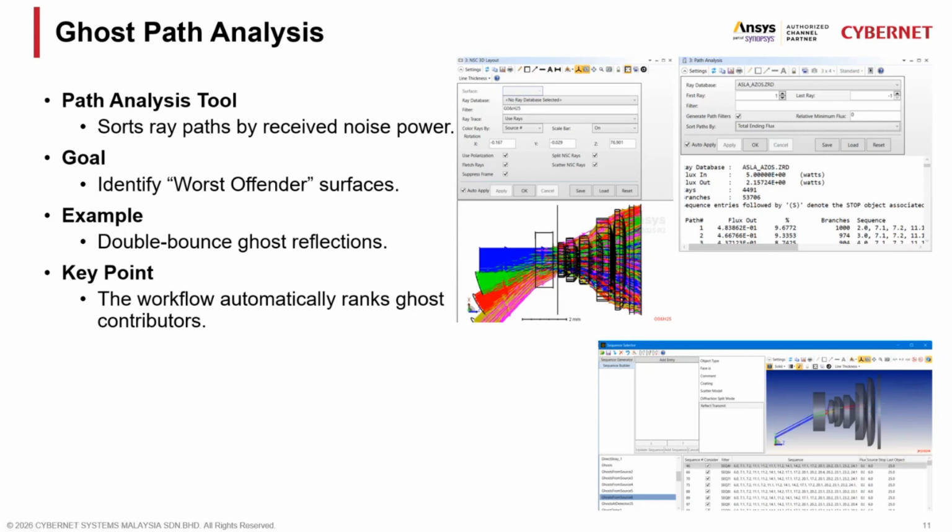With it, you can automatically classify all the rays into direct stray light, ghosts, and also direct light, meaning rays going to the imaging sensor. When you click on each row, you will see the light path, how the light goes through your lenses to the image sensor. So this is used to identify the worst offender surface.